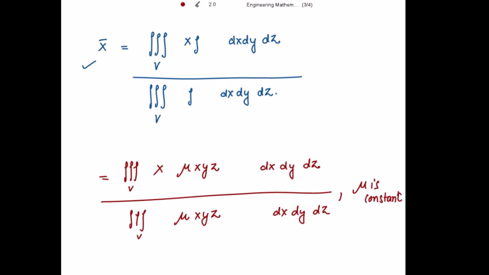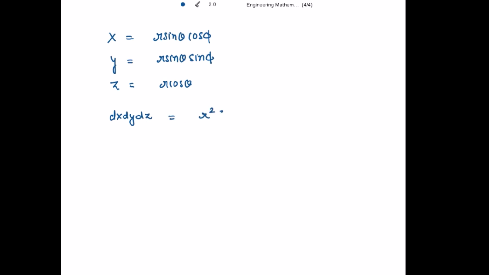And now we are going to change x, y, z to the spherical polar coordinates. So for that we take x to be r sine theta cos phi, y is r sine theta sine phi, and z is r cos theta. And then dx dy dz will be r square sine theta dr d theta d phi.